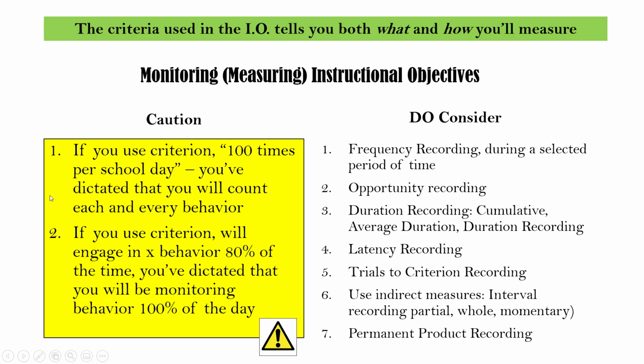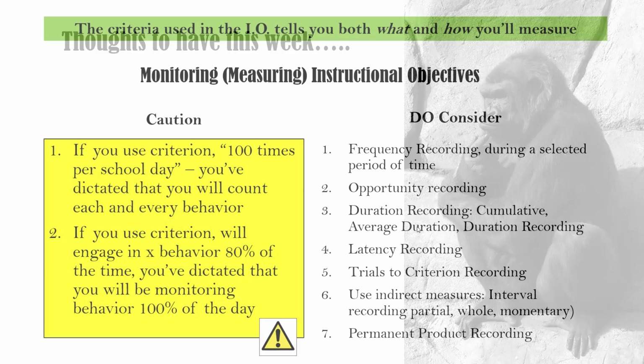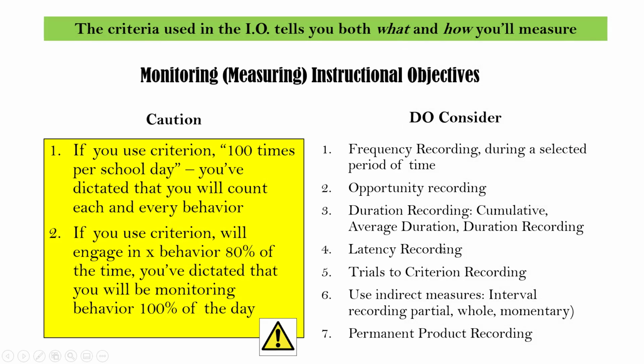Be careful with duration. Make sure that you specify a time period. Okay. Latency recording as well. Make sure that you can actually measure the latency for the behavior to occur. You might need to use indirect measures such as permanent product recording. So if you're looking at how many math problems he does, you can look at his math worksheet at the end of the day.